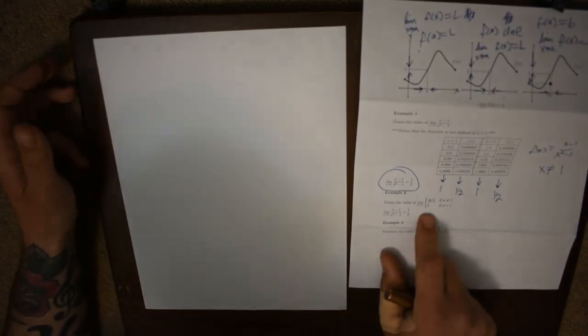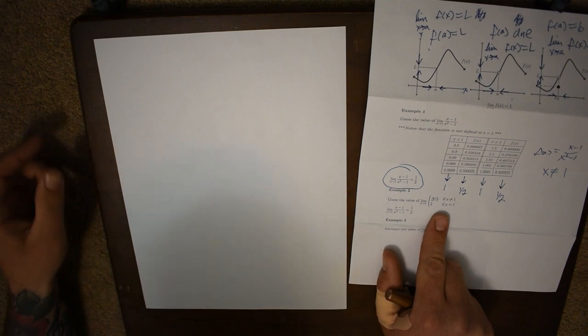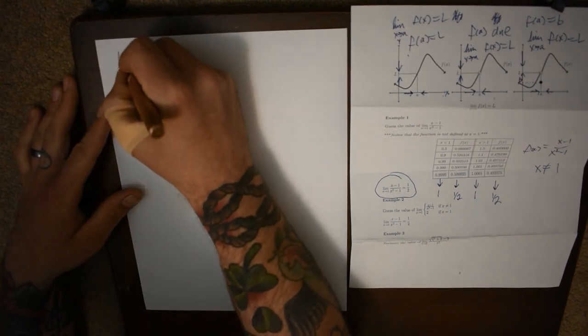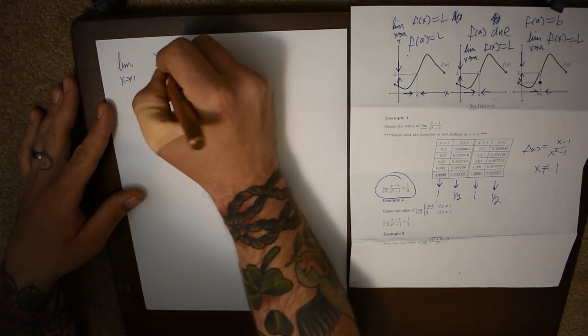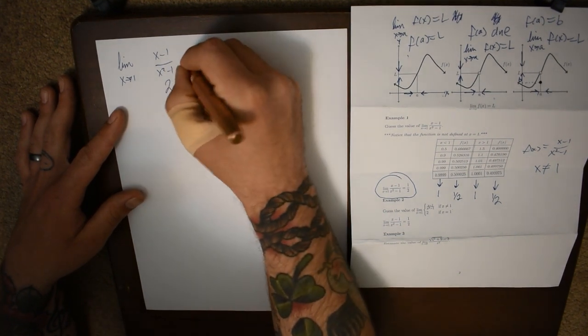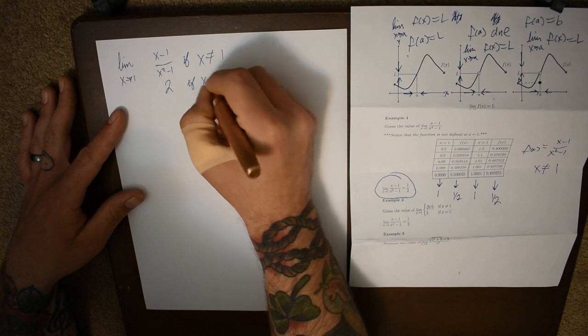This next one should drive it home. Now we have a piecewise defined function, and we'll take limits of piecewise defined functions. It behaves like a normal function. We'll work some examples of this later on. But if we just wanted to talk about the limit as x approaches 1 of x minus 1 over x squared minus 1, or 2 if x is equal to 1, and that expression if x is different than 1.